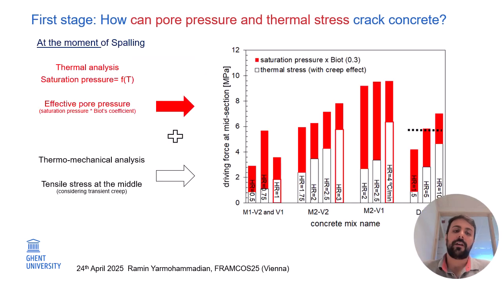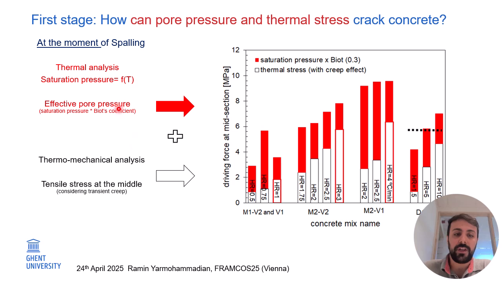By having the thermal analysis, I have the temperature at the moment of spalling, and assuming the upper bound of saturation pressure at that moment, I can get the effective pore pressure inside the samples. Then, by combining it with the thermal stress at the middle, considering transient creep, we get something like a threshold for each material.